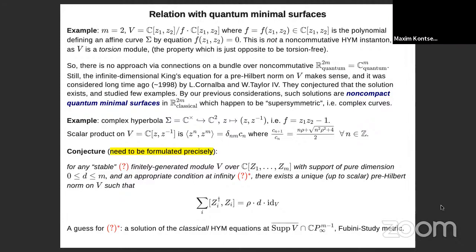So this Hermitian story kind of disappears here, but the infinite dimensional equation still makes perfect sense. I want to make some pre-Hilbert norm on this infinite dimensional space and make a completion and write this equation, the sum of commutators is equal to identity.